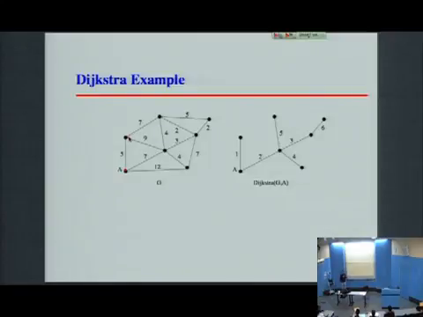Now this may not be immediately obvious, but what are we saying? It should be clear that there is a shortest path from V to every vertex. That much should be clear, right?